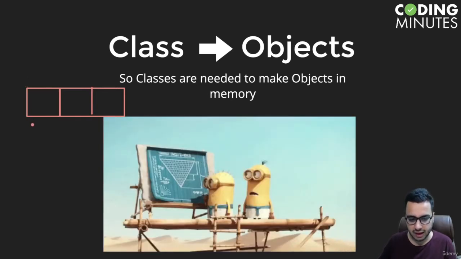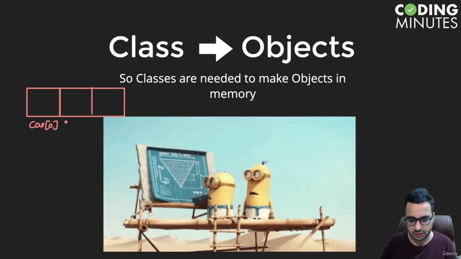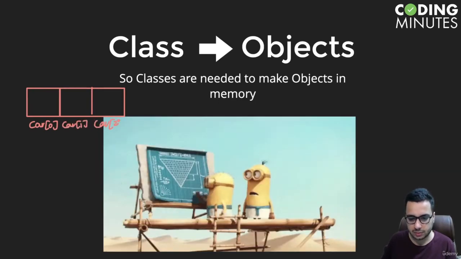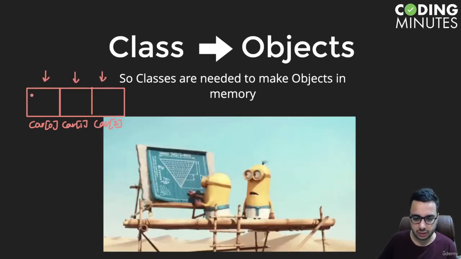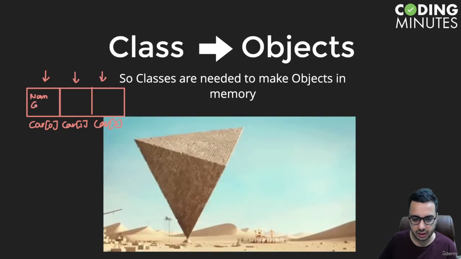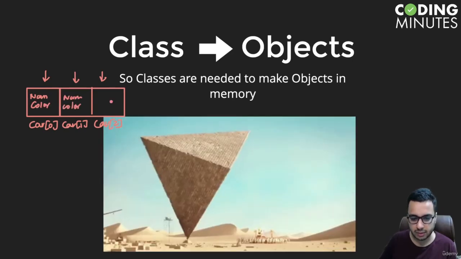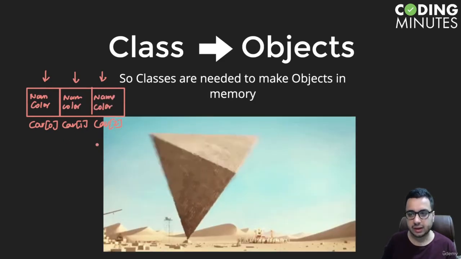Let's say I'm creating an array of cars: car 0, car 1, car 2. Each of these objects is going to have the same attributes: a name, a color, and a model. All of them are created from the same map.